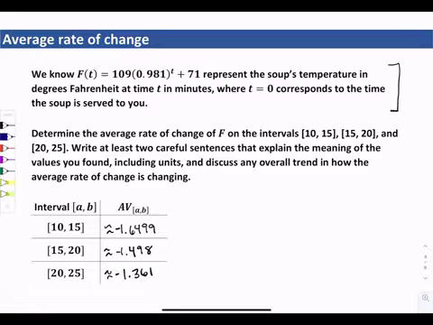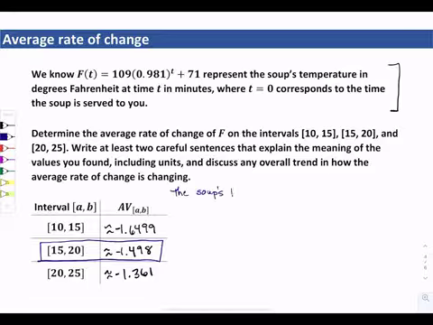So the first sentence we could work on would be, let's just explain, for example, what the average rate of change from 15 to 20 represents, right? So we know that the soup's temperature is decreasing, right? And we know it's decreasing because of that negative, right?